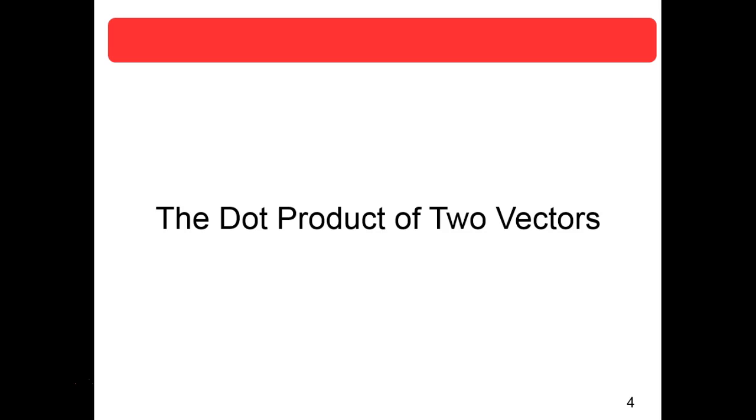So what do we mean by a dot product? Well, if you remember in algebra, early on, I bet you used an X as a multiplication sign. But then after a while, when you got into algebra, you probably quit using the X as a multiplication sign. Why? Because you use X as a variable, and then it would be confusing. Is that an X or is it a multiplication sign?